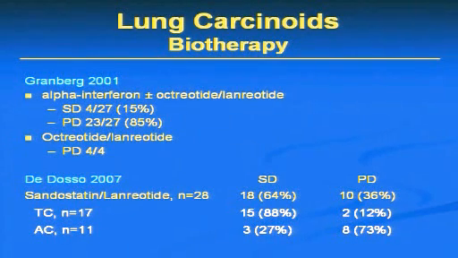Most patients had progressive disease on alpha interferon, but a few patients were stable, and we have seen some patients responding. Another study from Italy reported about two-thirds stable disease on Sandostatin and lanreotide.